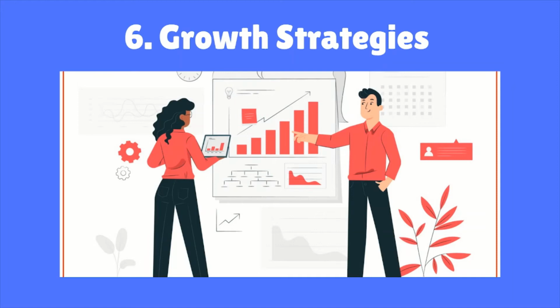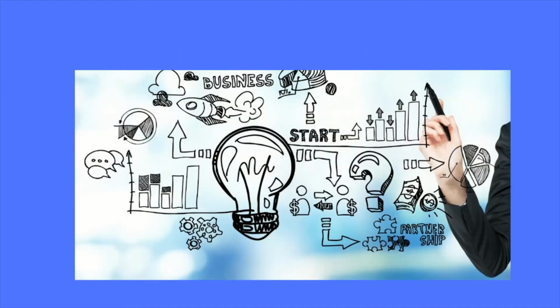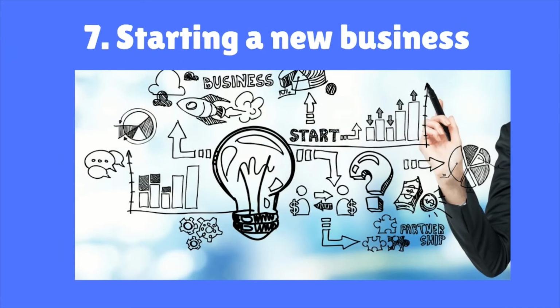Now the next strategy for a business is starting a new business. Starting a business entails understanding and dealing with many issues like legal issues, financing issues, sales and marketing issues, intellectual property protection, liability protection, human resources, and many more.